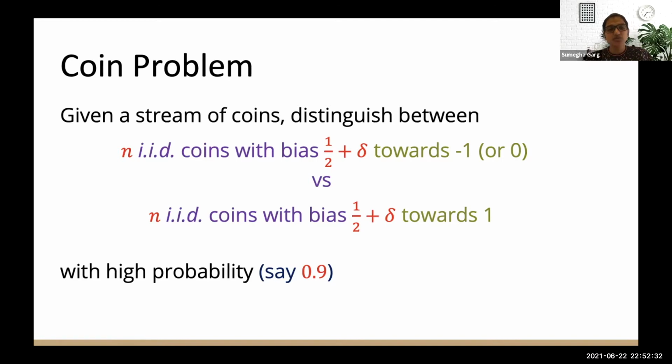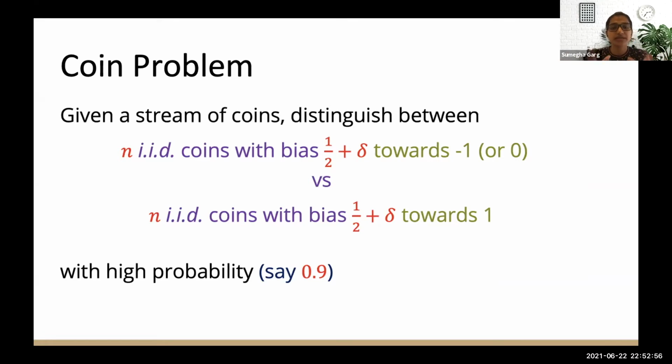In one, we are given n coins, where each coin is independently biased towards 1 with probability half plus delta. In the second distribution, each coin is biased towards minus 1 with probability half plus delta. We want to distinguish between these two streams with high probability, say 0.9.